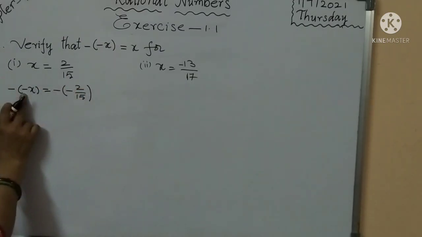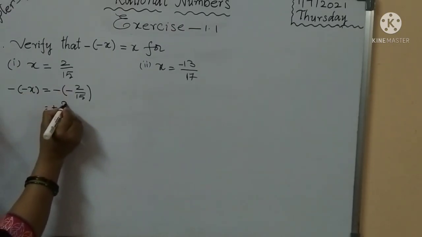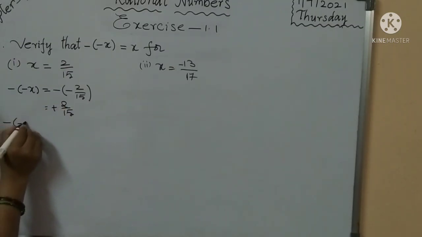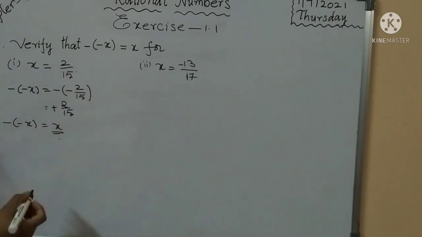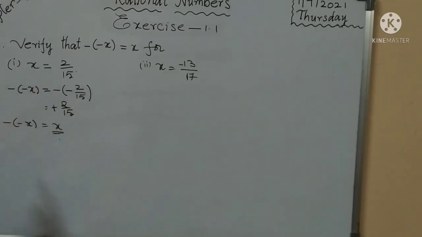So already we have the minus, so minus into minus plus 2 by 15. So finally minus of minus x equals x. Yes or no? Here also we get 2 by 15. So minus of minus x equals x is proved.